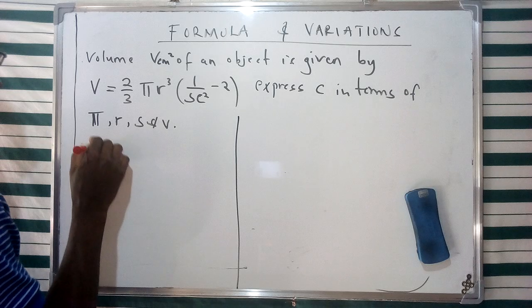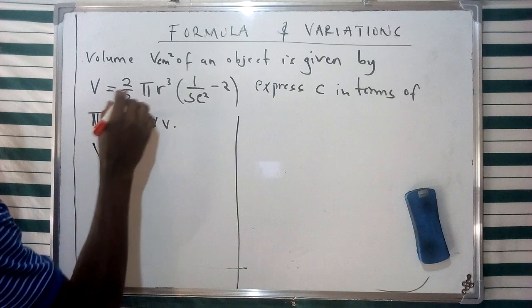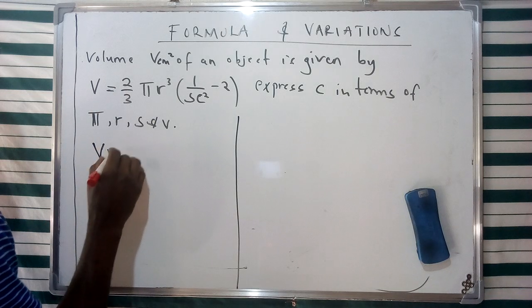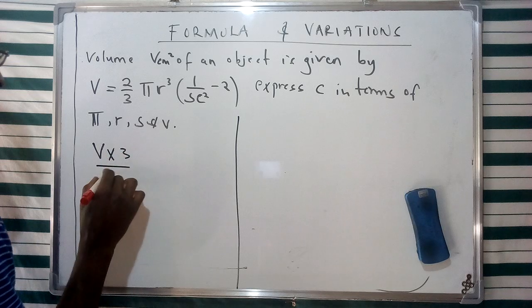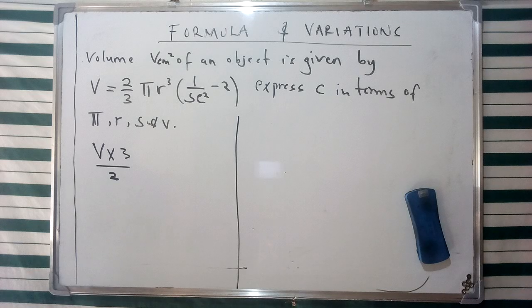I can start by first doing a division of this specific fraction, which is going to be V times 3 over 2. This implies that I've just taken this fraction to the other side of the equation, multiplied by 3 and divided by 2.